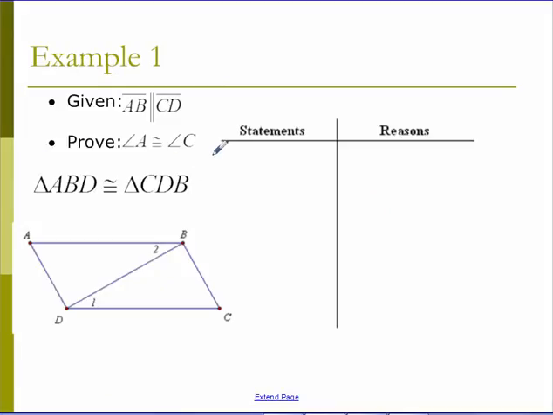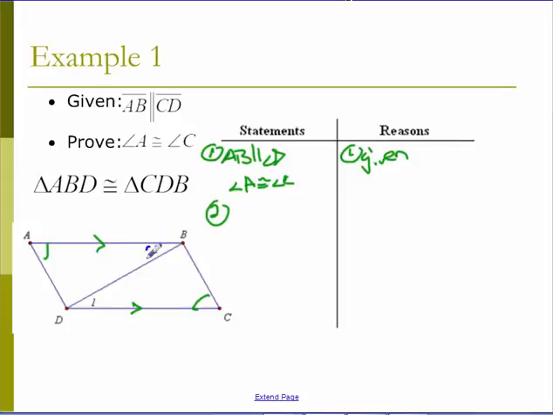Alright, and let's do some more proofs with triangles. We know that AB is parallel to CD. And we know angle A is congruent to angle C. That's given to us. Now, because the lines are parallel, angle 2 and angle 1 are alternate interior angles, and because they're parallel, that makes those alternate interior angles congruent.